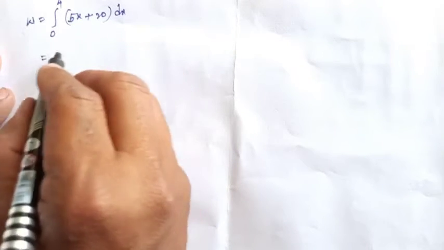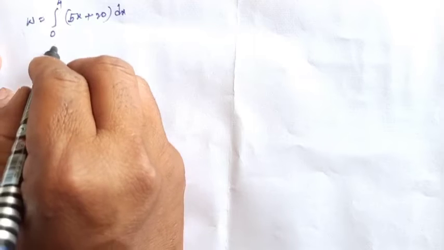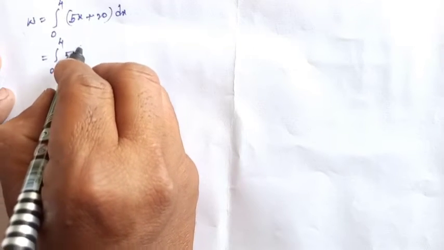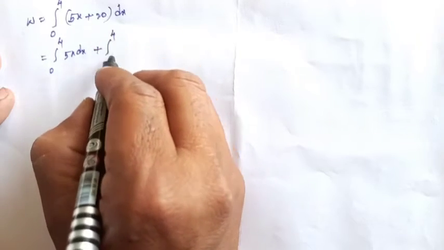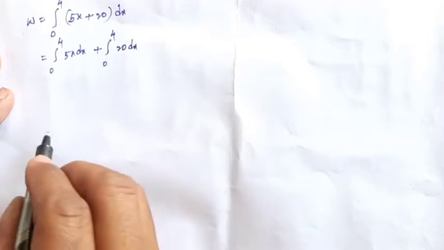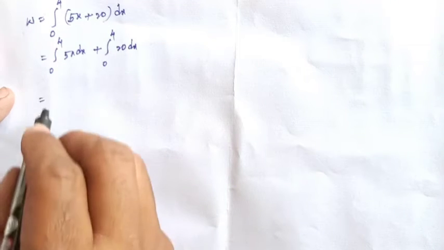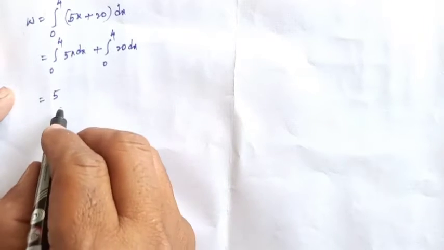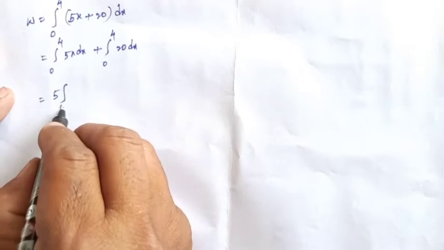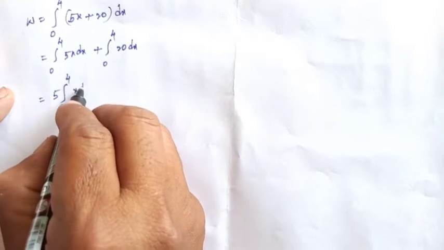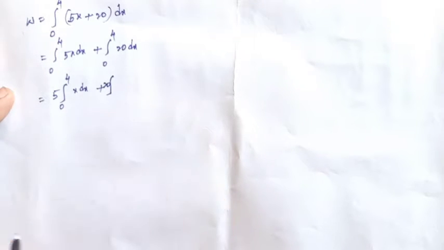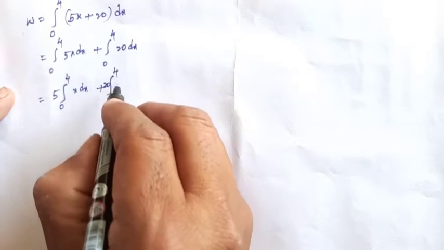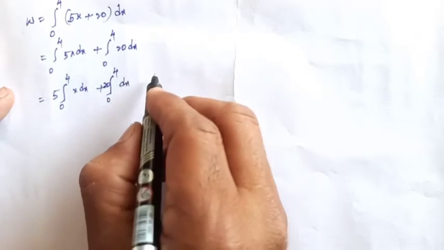It separates into integration from 0 to 4 of 5x dx plus integration from 0 to 4 of 20 dx. 5 is a constant, so 5 times integration from 0 to 4 of x dx plus 20, a constant, times integration from 0 to 4 of dx.